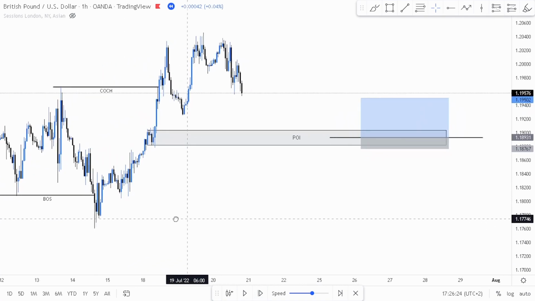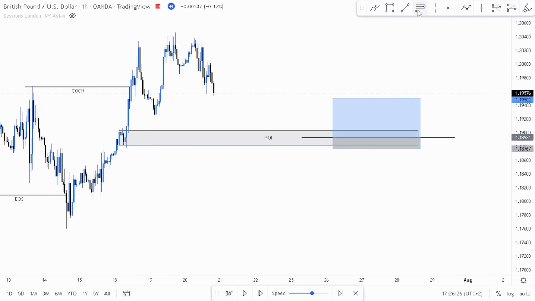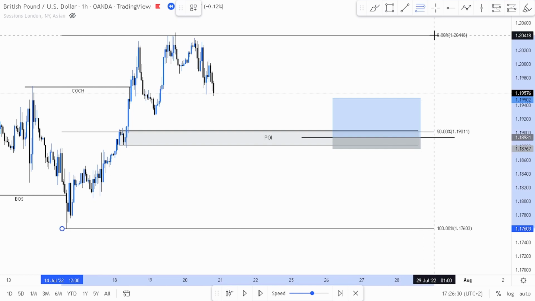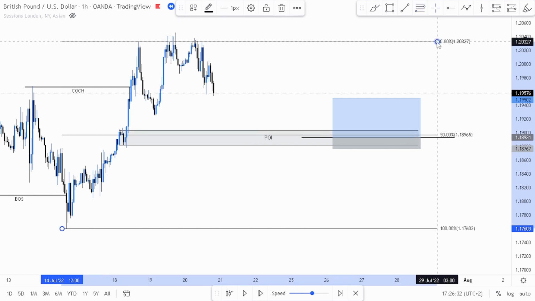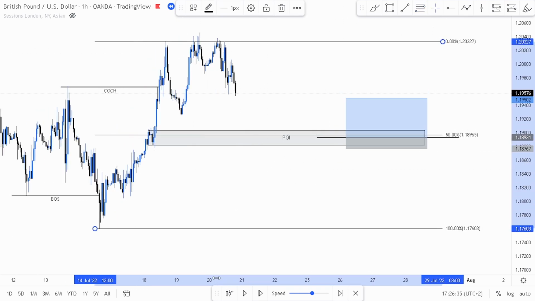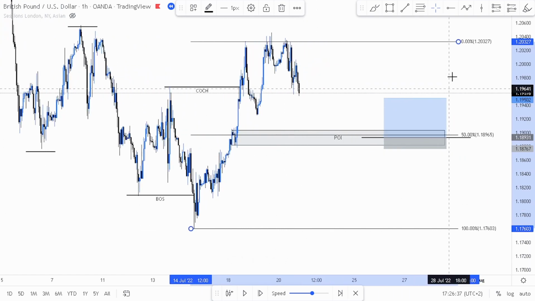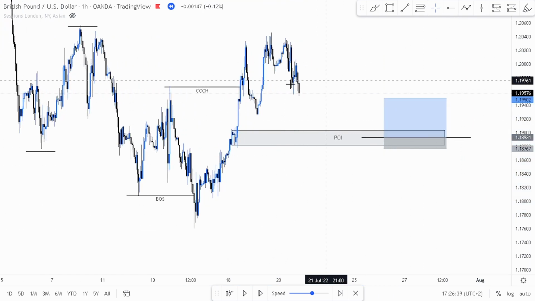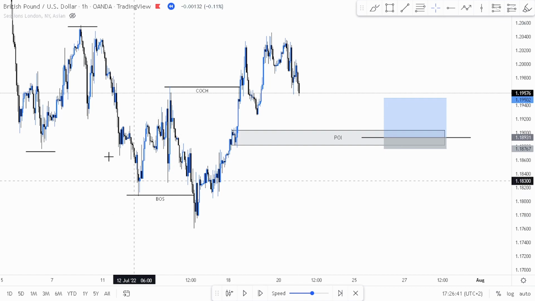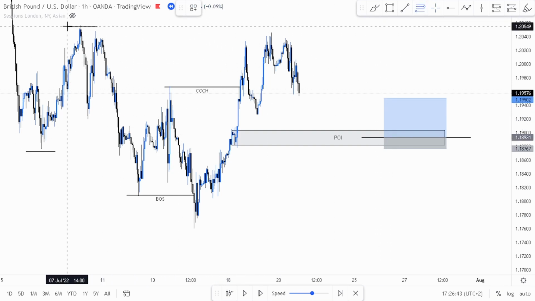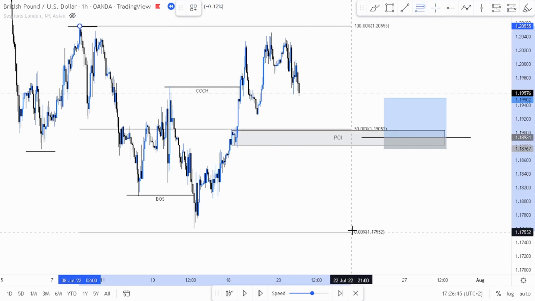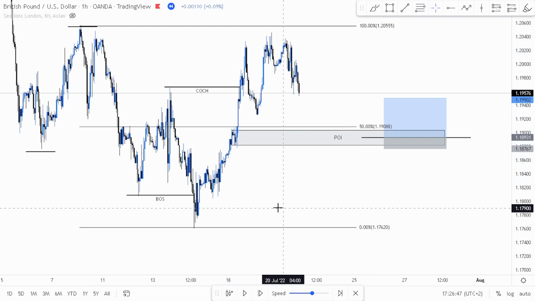So now guys, another thing I would want to show you is that whenever we have a push to the upside, or let me just make an example with this leg to the downside. As you can see, this was our lower high, this is our lower low right over here.